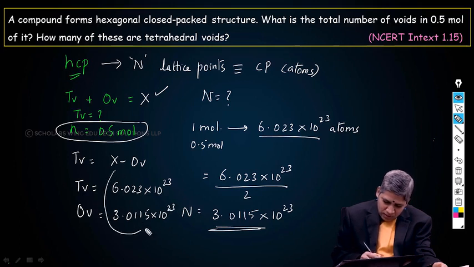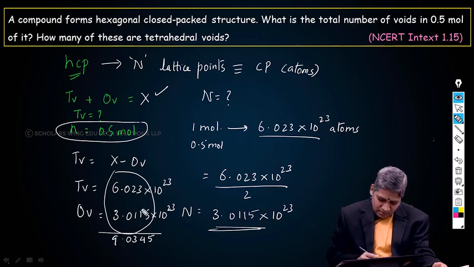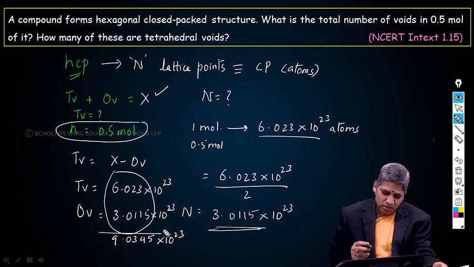We can add these two values, right? So that will come to 9.0345, which you can write as 9.0345 into 10 power 23. This is total, so our x we got. What is x?